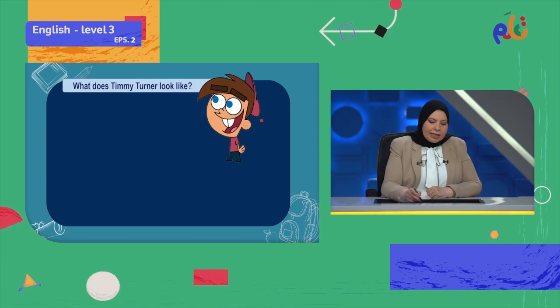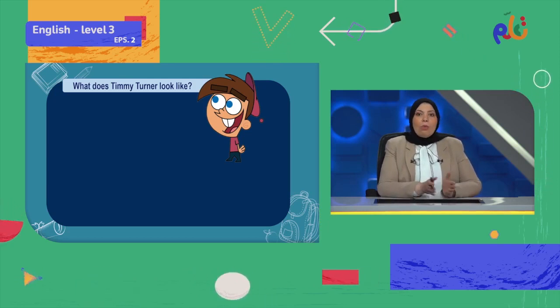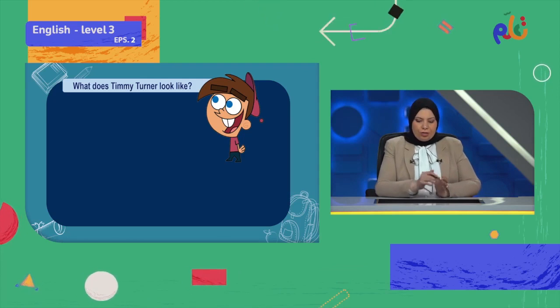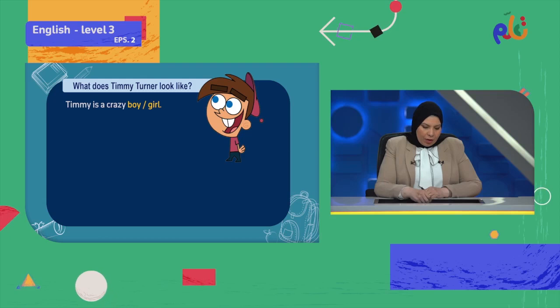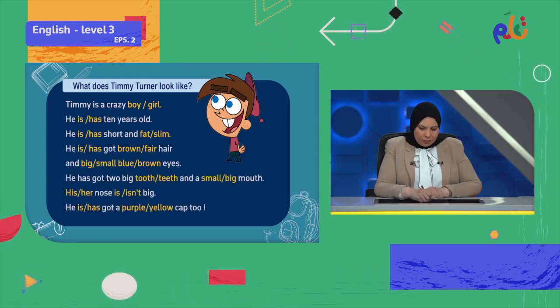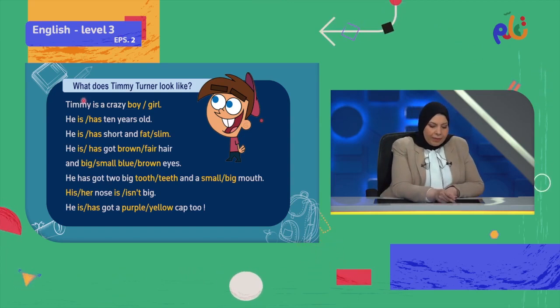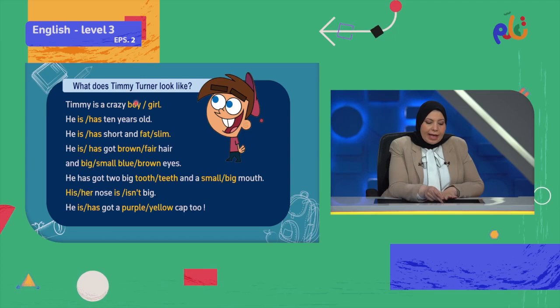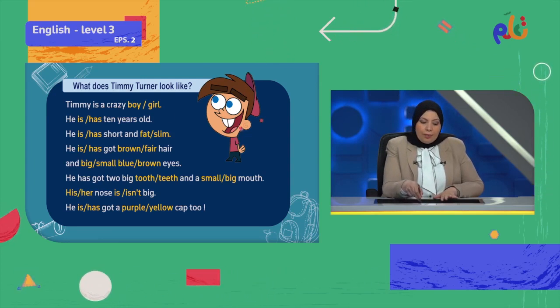هنا عندنا Timmy Turner. تعالوا نشوف Timmy Turner and let's see how we can describe Timmy Turner. اوكي، خلينا نشوف الفول description وتعالوا نختار مع بعض. Okay, so the first thing that we have here, Timmy Turner is a, let's look at the picture. Boy or girl?